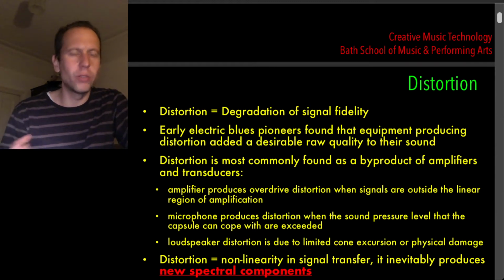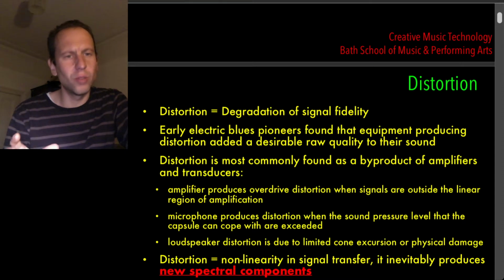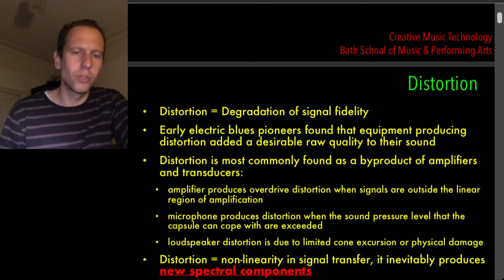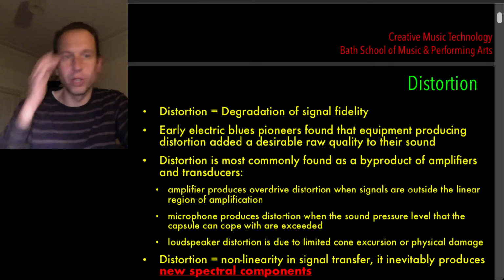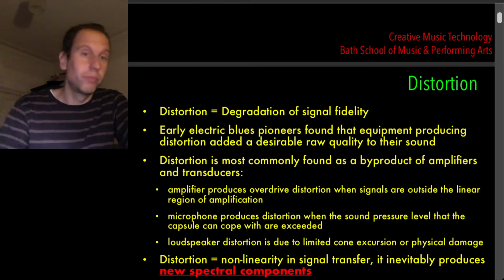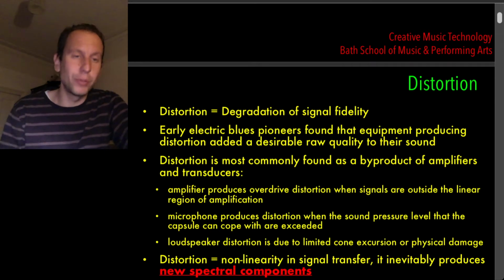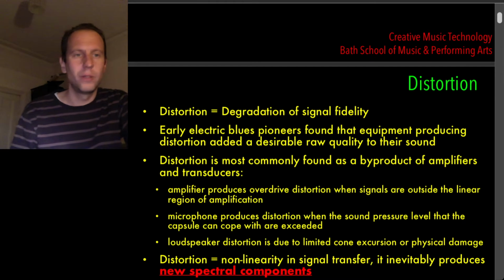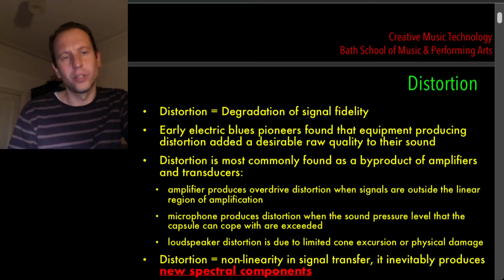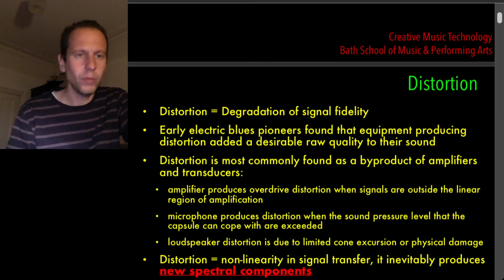Whereas the new set of spectral components that you get through distorting a source would technically be an addition of spectral components, perceptually it is changing the character of the source. So it is not quite additive in terms of perception.